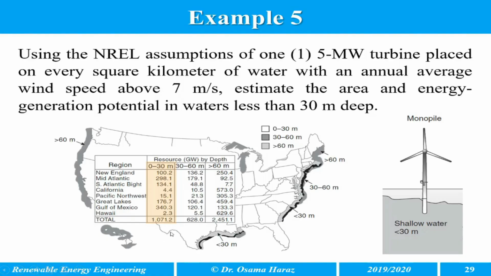Based on this information, we are going to use these formulas. Based on the given wind speed, we can calculate CF. Based on CF, we can find the actual energy delivered if we know the rated power from this.